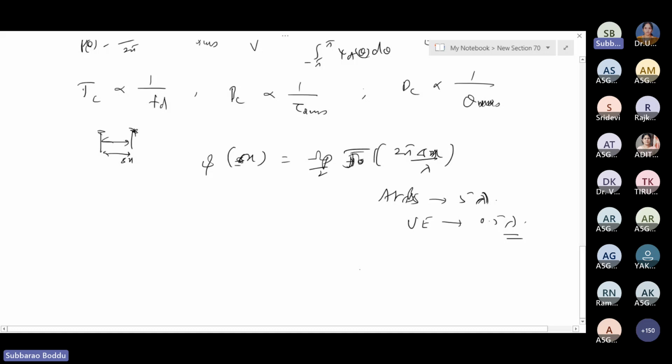If you take 2D isotropic scattering at lambda by 2 spacing, it is uncorrelated at a point to 25%, and the correlation becomes 70%. To have uncorrelated signals, we need the spacing lambda by 2 at the user equipment.